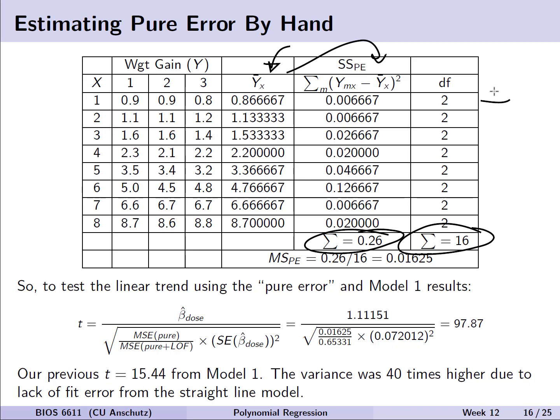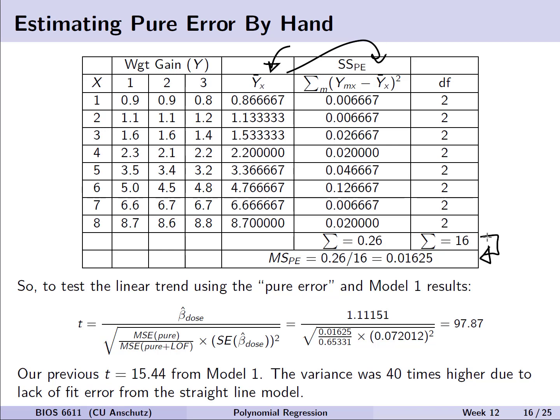One thing we can note here is that at each level the degrees of freedom is equal to 2, because we have 3 total observations, but we take away one of those degrees of freedom for estimating the mean. We then see our calculation here is simply taking each of these estimates and taking 0.26 divided by 16 for our mean square due to the pure error.